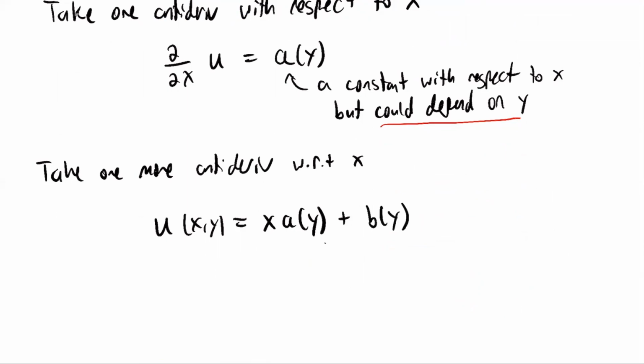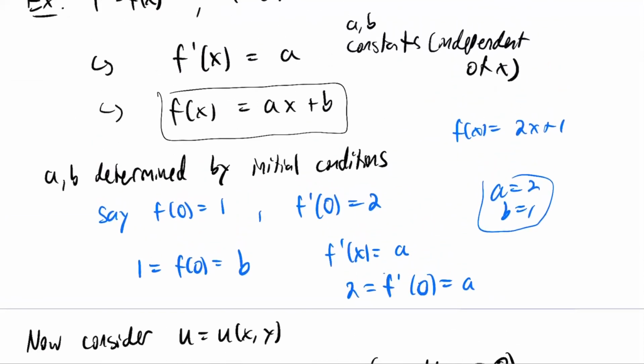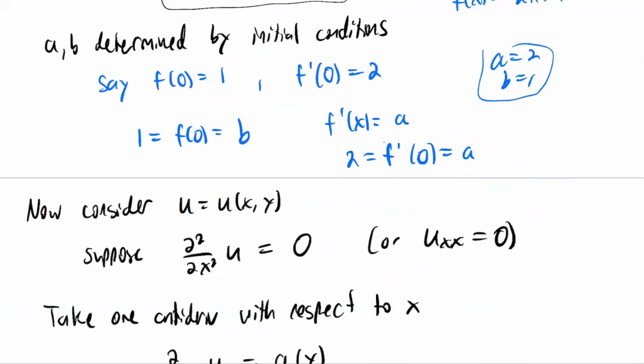And so here in our final solution, it looks very similar to what we got in the ordinary differential equation case, but the whole idea of just adding a second variable complicated this and forced these two, a and b, to be functions of y. So not just arbitrary constants, they're arbitrary functions now of the other variable.